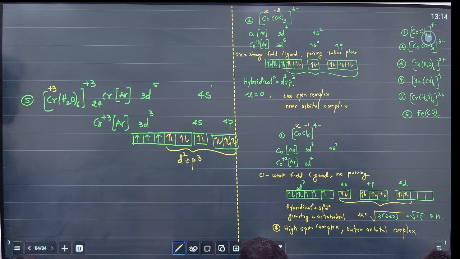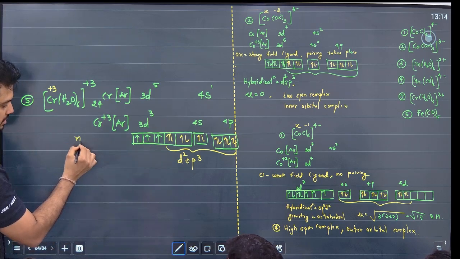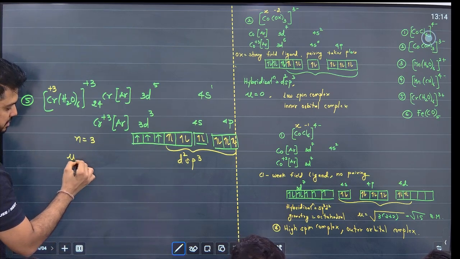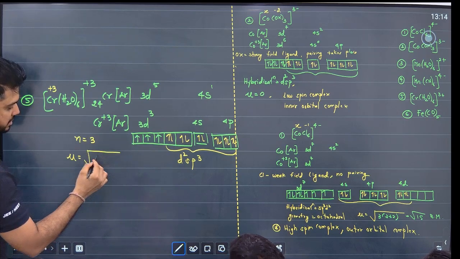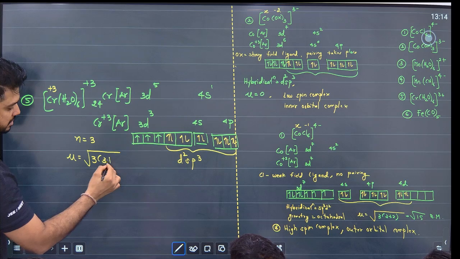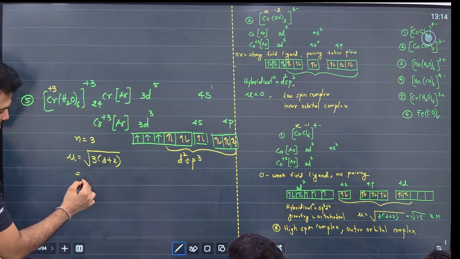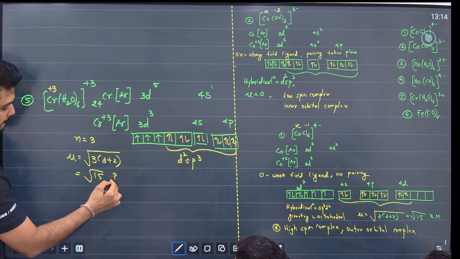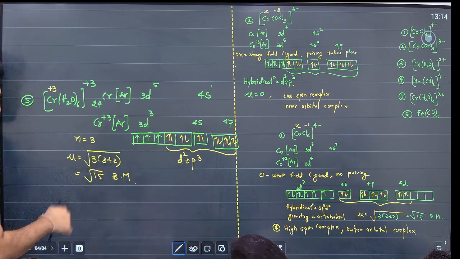Is it a high spin complex or a low spin complex? High spin. They are unpaired. It's a high spin complex.